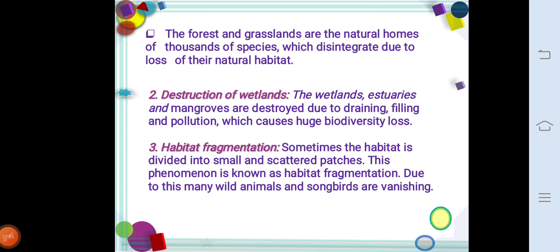Fifth one is production of drugs. Many pharmaceutical companies collect wild plants for the production of drugs. Therefore, several medicinal plant species are on the verge of extinction. Next one is illegal trade, also one of the main reasons for threats to biodiversity.